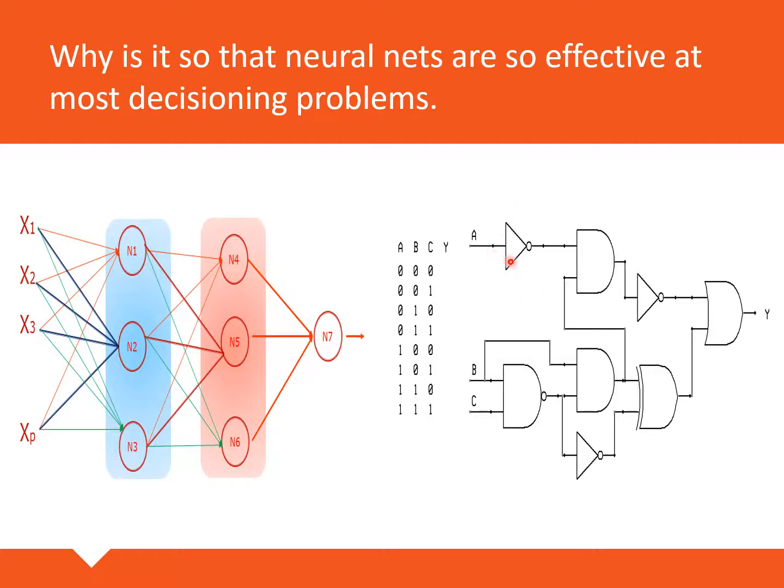So for example, if A is being fed into this particular logic gate, and this logic gate does some operation and then passes on that information to this logic gate, the output from this logic gate that I'm pointing at straight away gets in as an input to the following logic gate that I am pointing at now.